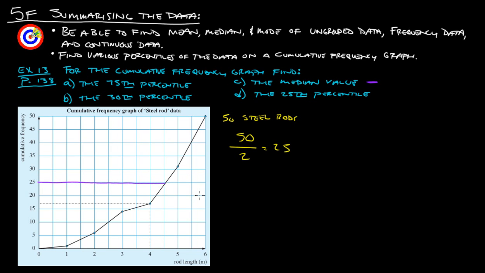Forgive me, I'm going to try really hard to draw a straight line here. That's not too bad. It goes to right there, and since that's the 25th, you want to go down here, which means that for part C we're at about, let's call that 4.6.